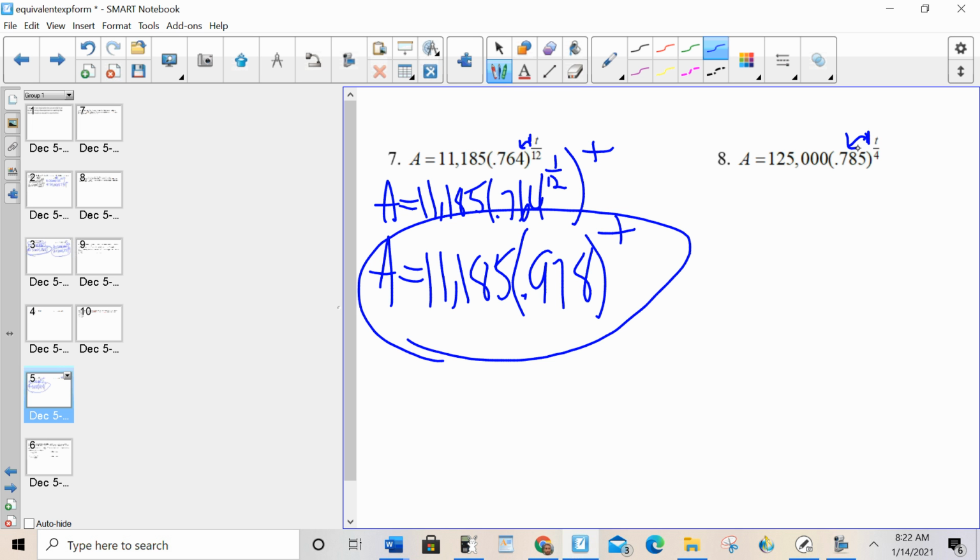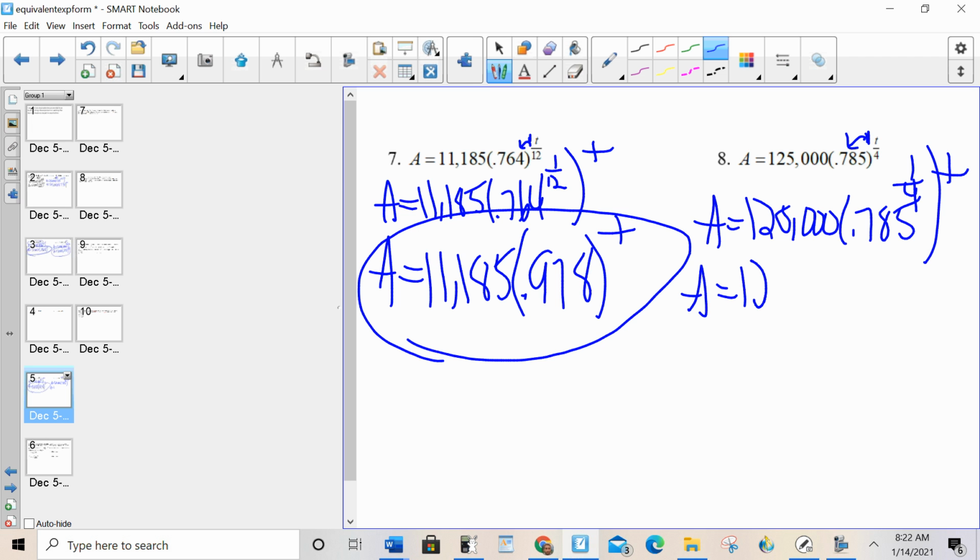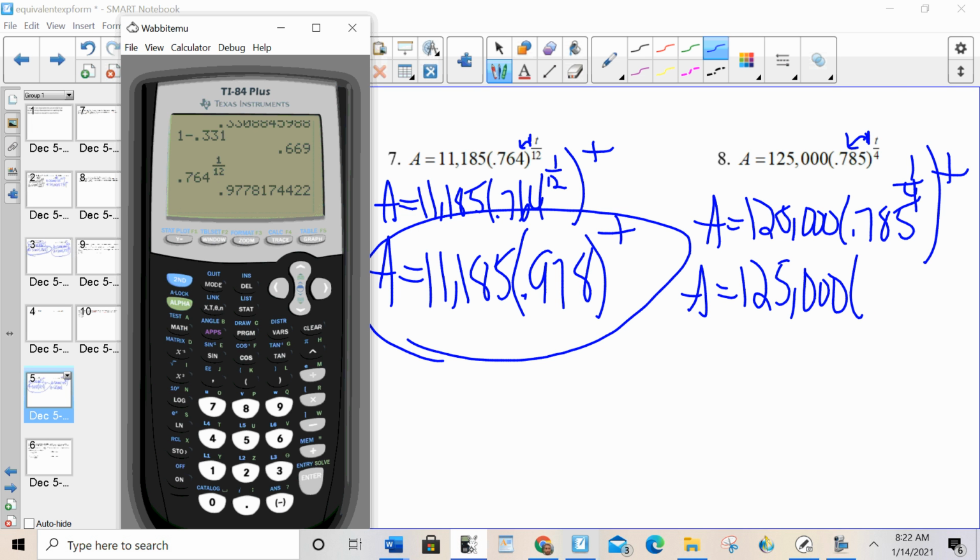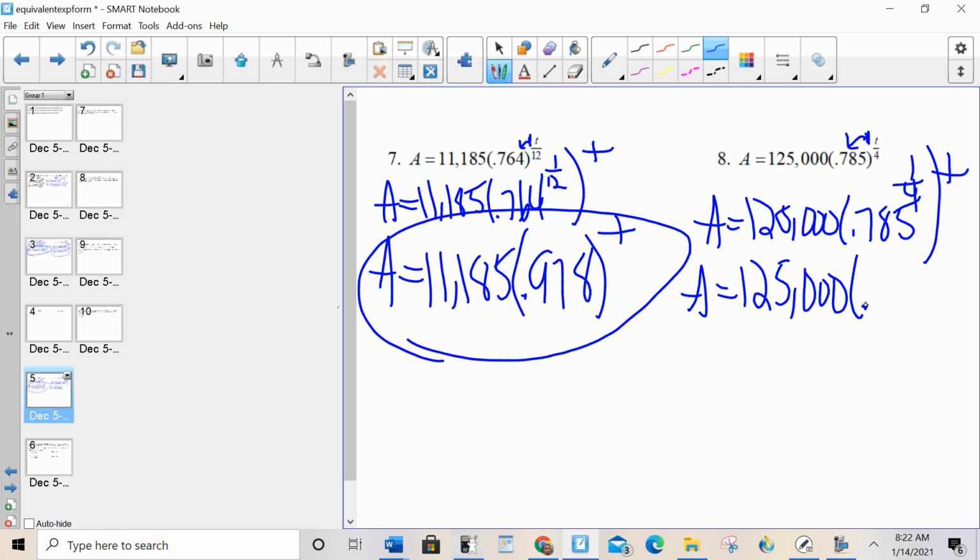Okay, I am absorbing 1/4 into the parentheses. So I do 0.785 to the power of 1/4, and I get 0.941 to the power of t.